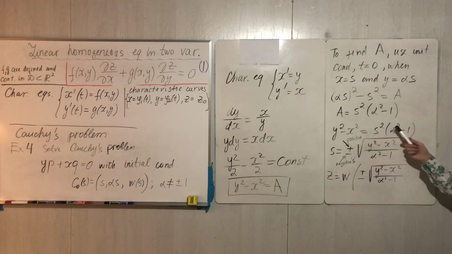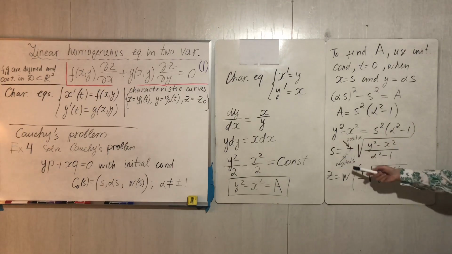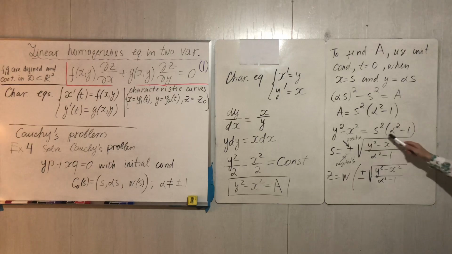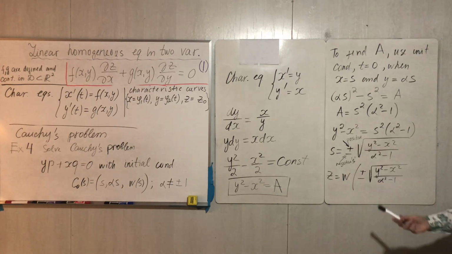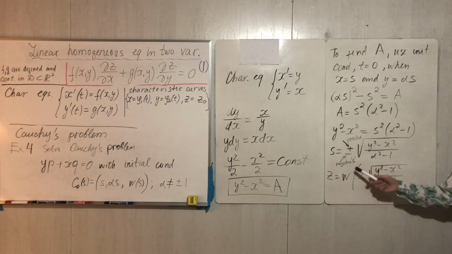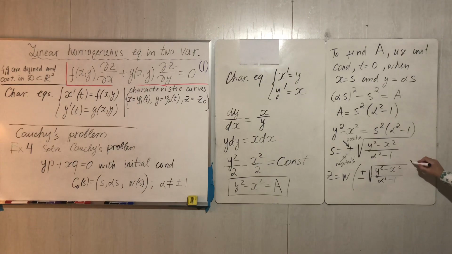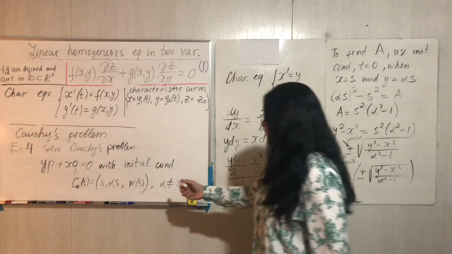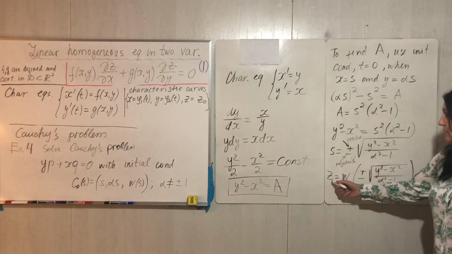And then we solve this equation for s. Right? So from here s would be plus or minus a square root, and plus, of course, corresponds to positive values of s, and minus to the negative ones. And then to find our z, right?